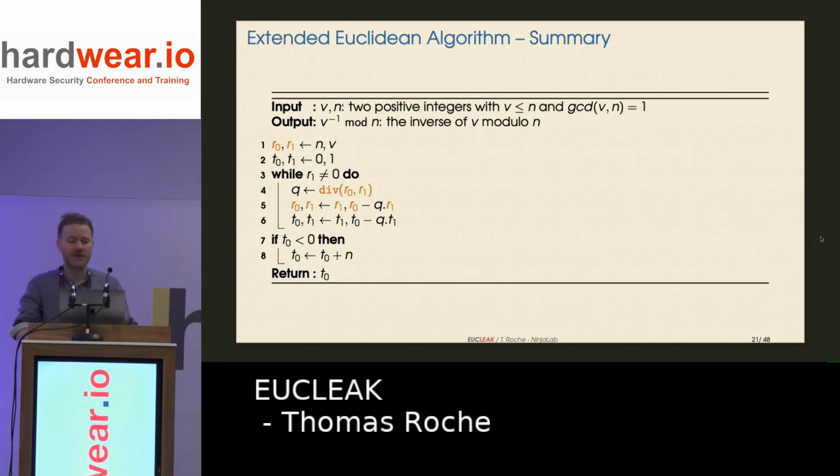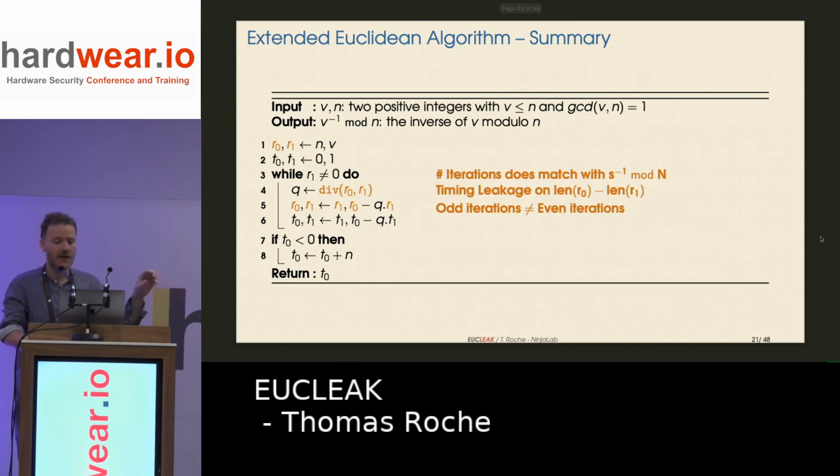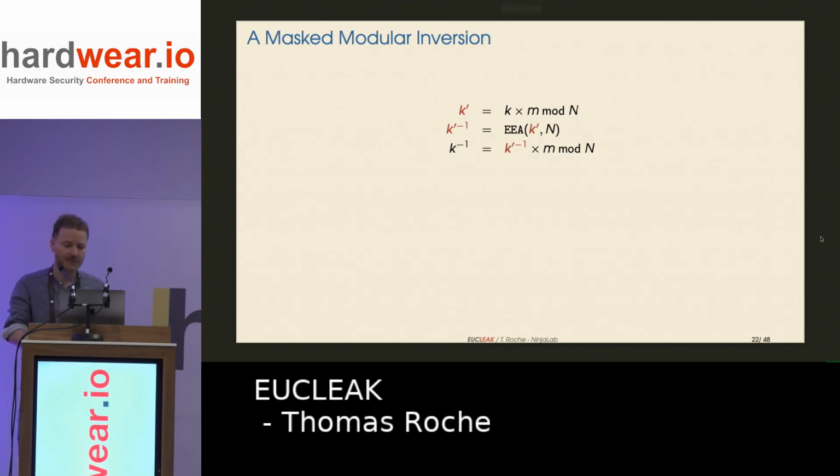That's great, because we finally identified that this is the EEA executing. And also we already have a timing leakage. At each of these iterations, at line 4 here, we can extract the binary length difference of R0 and R1. This is already something we get from the side channel.